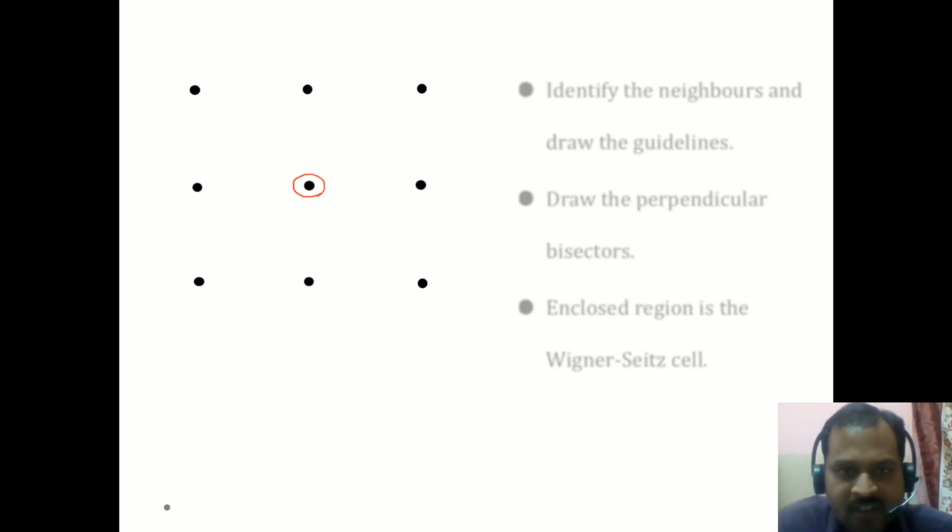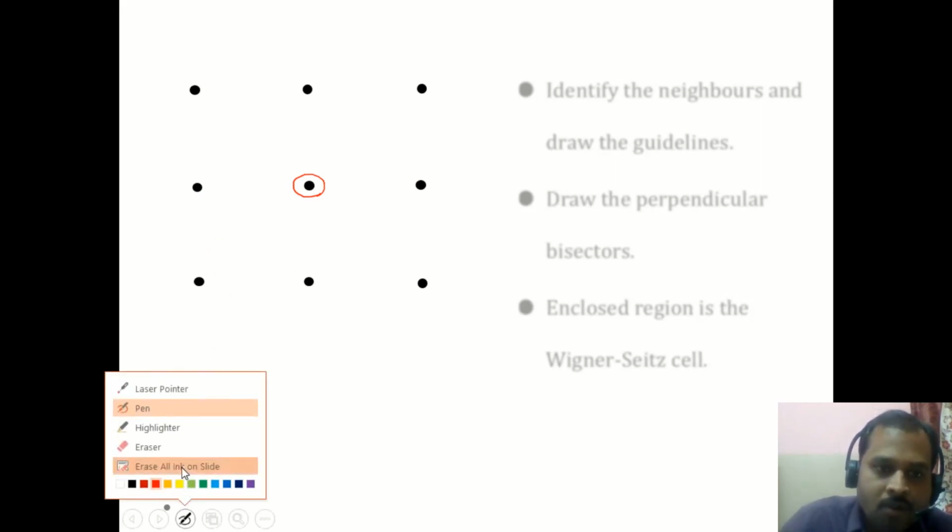As per the definition, the Wigner-Seitz cell is the region surrounding this particular lattice point which is closer to this point than to any other lattice point. So you have to find a region where all the points are closer to this point than to other lattice points. So how to do that?